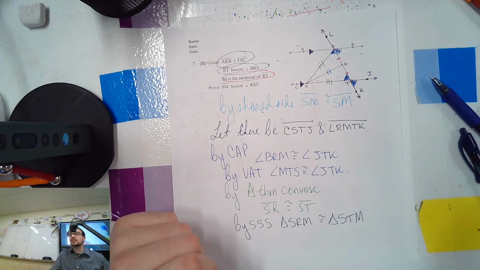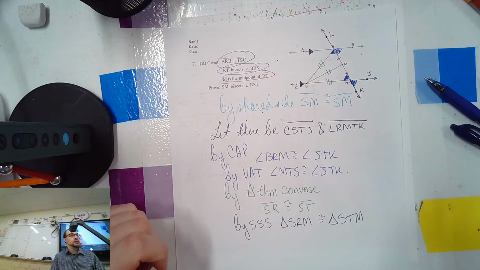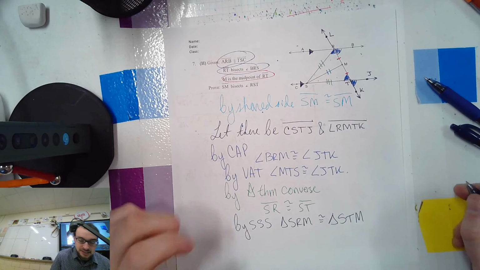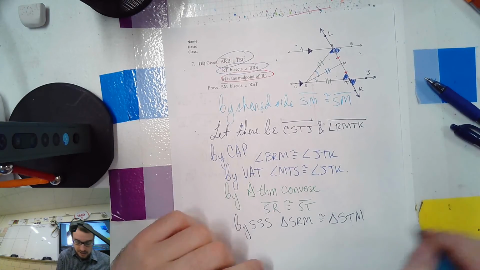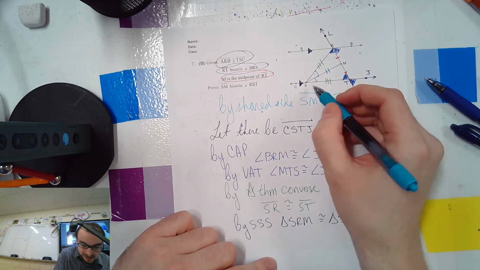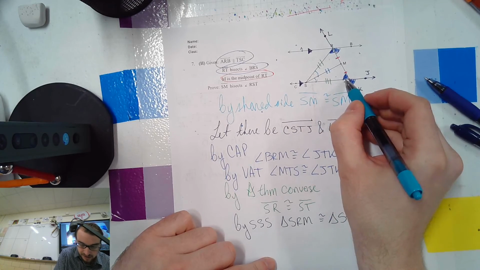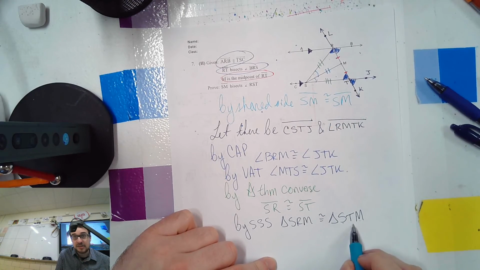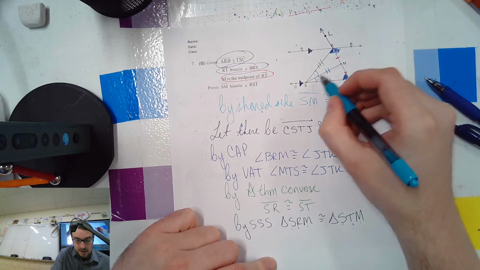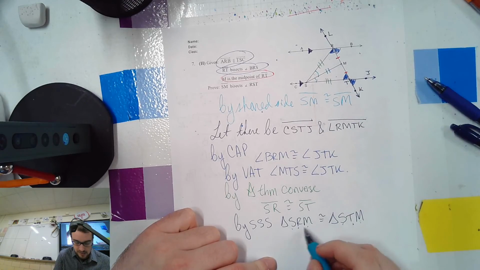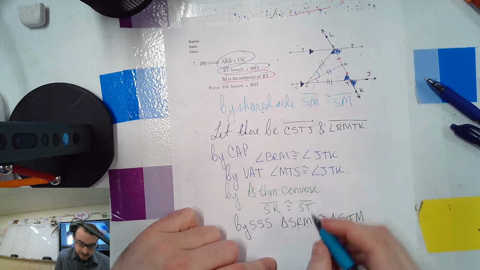This is important because the next thing we're going to do is use CPCTC, and it's going to say this angle and this angle are the same. Look, angle MST, third, first, second, is the same as third, first, second over here, MSR.